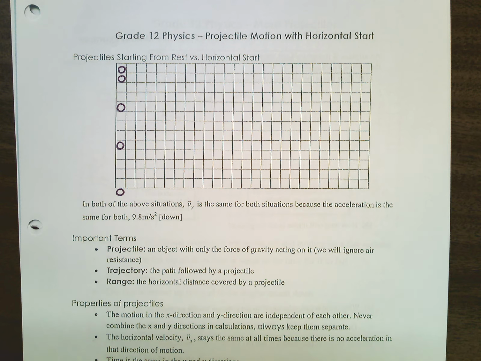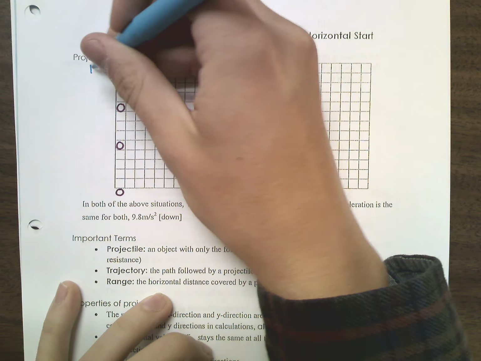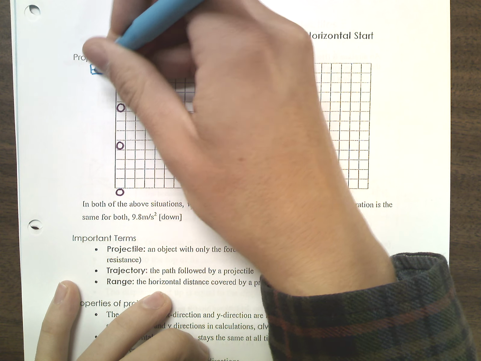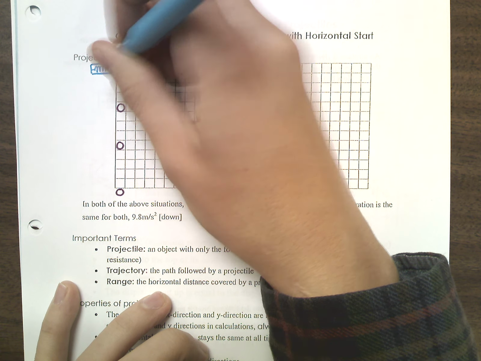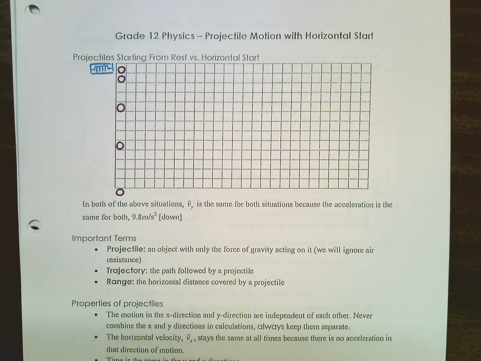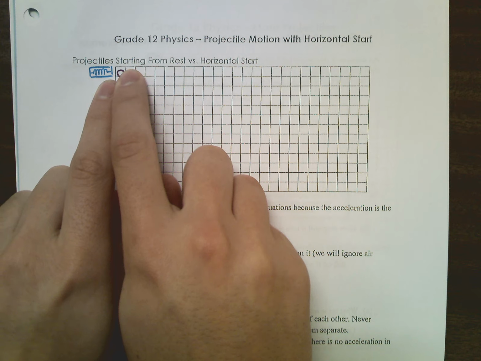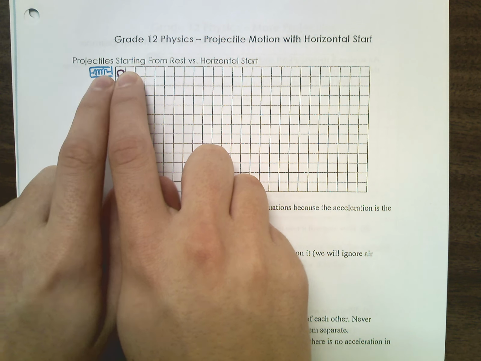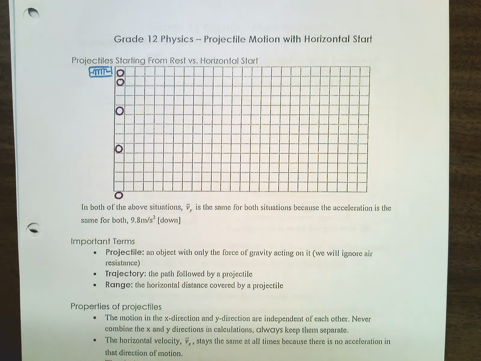Now, say I introduce a spring here, or something of this sort. So we've got a spring that is going to induce horizontal motion into the ball. Well, as soon as that ball leaves that spring, it no longer has any sort of negative acceleration in the x direction.